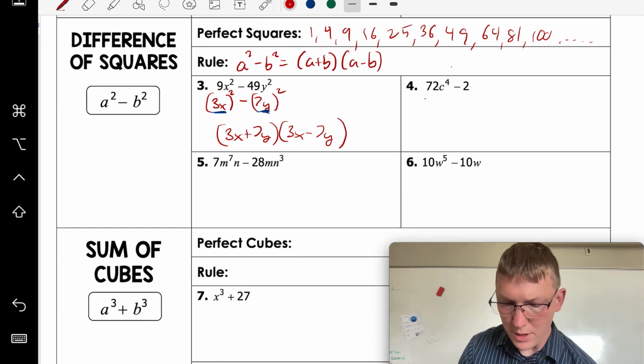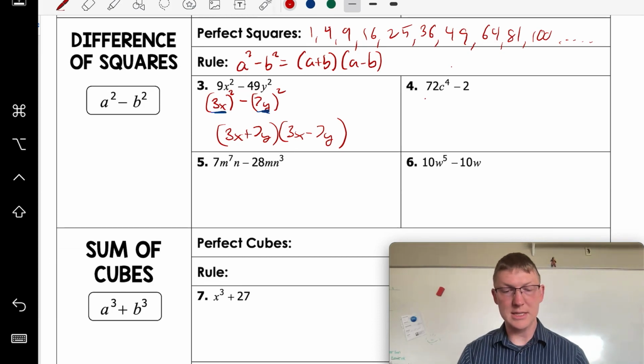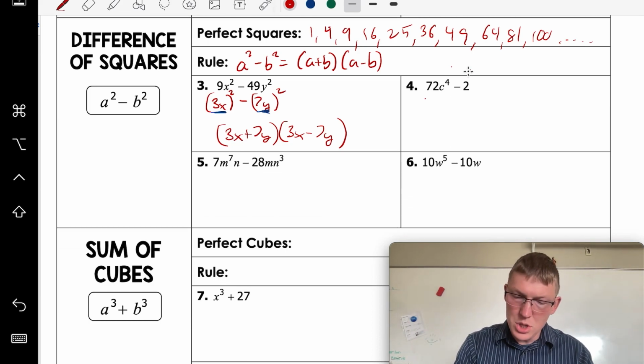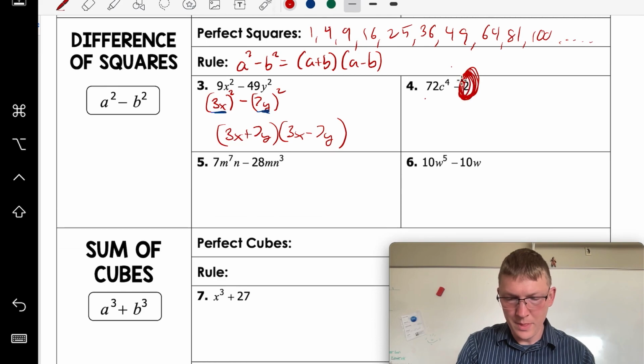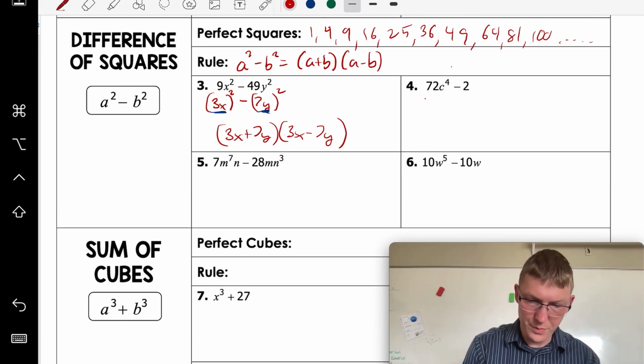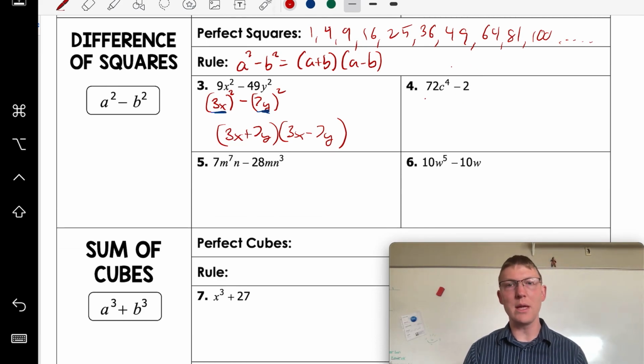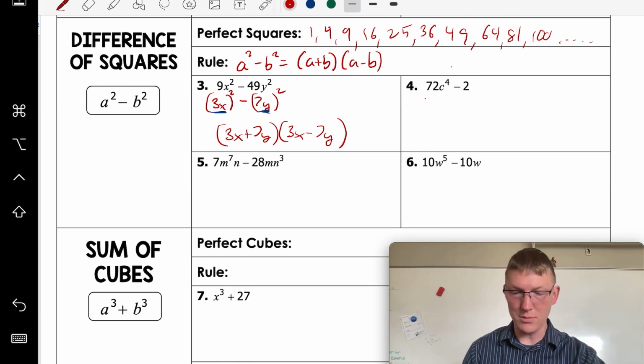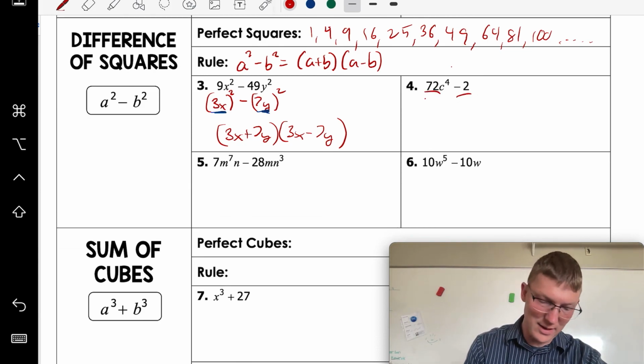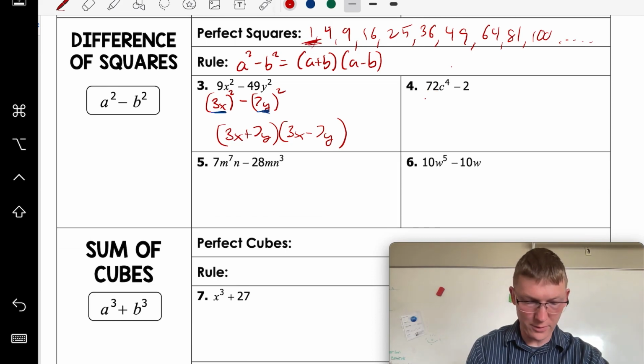So if we move on to number 4, step 1. Okay, we know we're in a difference of squares section. 2 is not a difference of squares. So what we can do is factor that 2 out. This is even, that's even, and hopefully you remember that 1 is a perfect square.